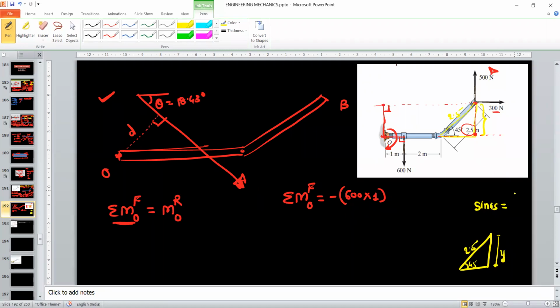So sine 45 is equal to y upon hypotenuse, which is 2.5. So y is equal to 2.5 into sine 45, which is 1.76 meter, the unknown distance y, or perpendicular distance for 300. Now you can take the moment by 300.